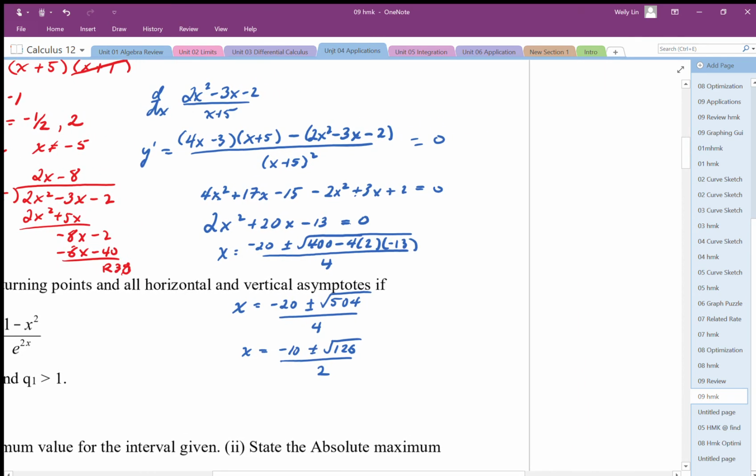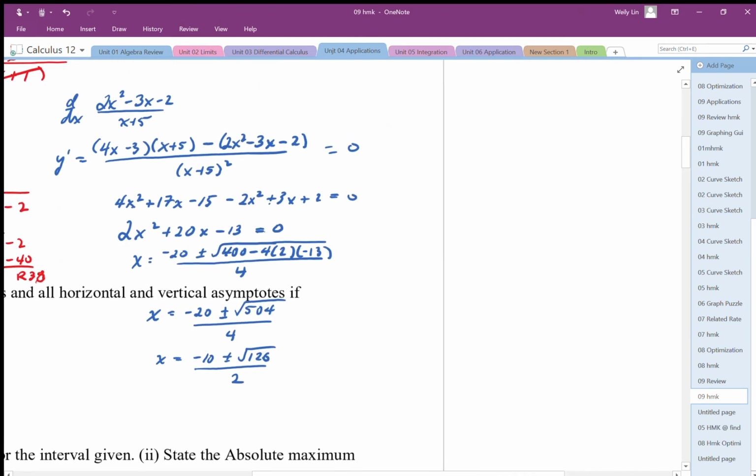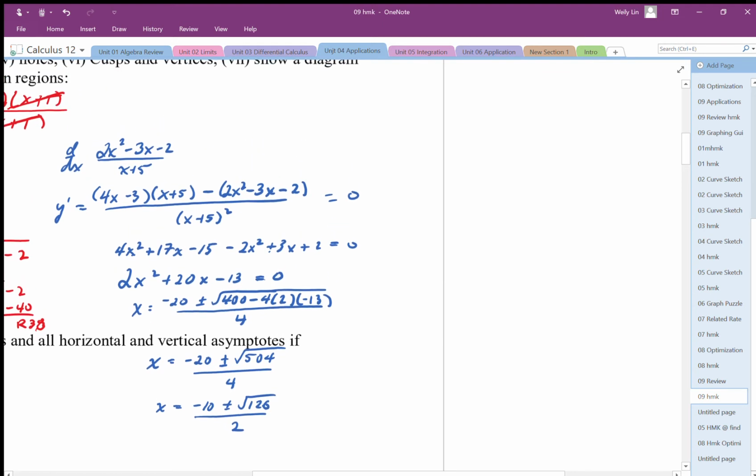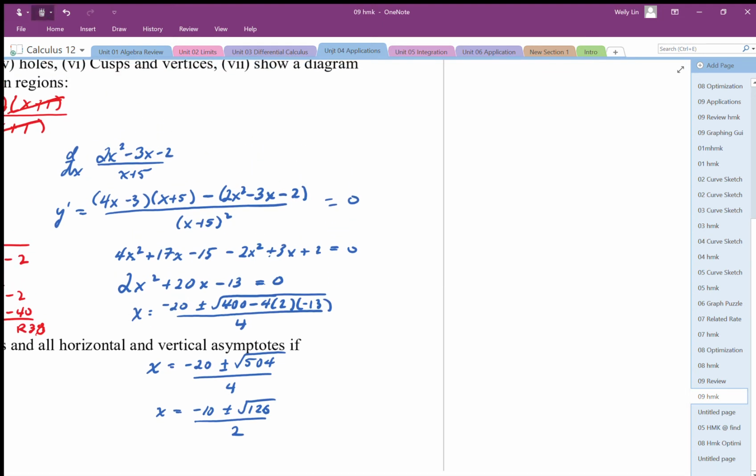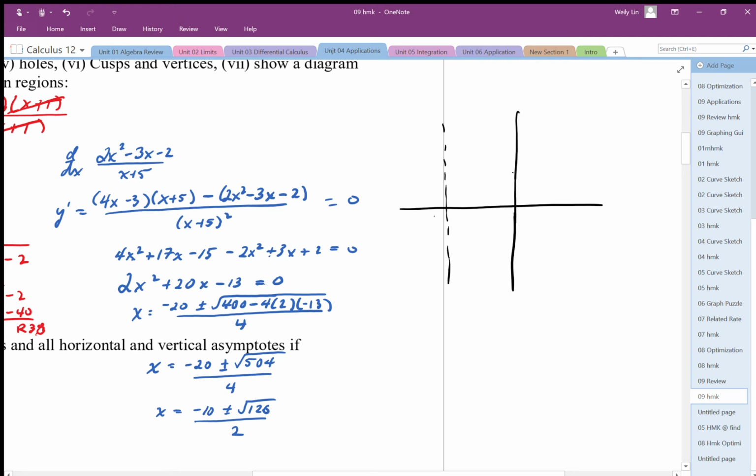Okay, so let's sketch this graph now. Sketching in this graph, we have a vertical asymptote at negative 5, so let's write down negative 5 there.